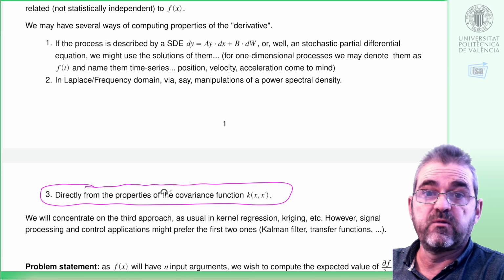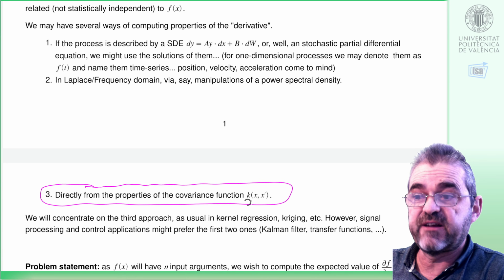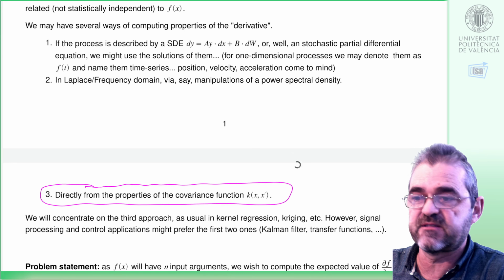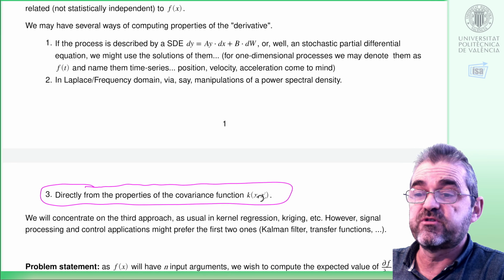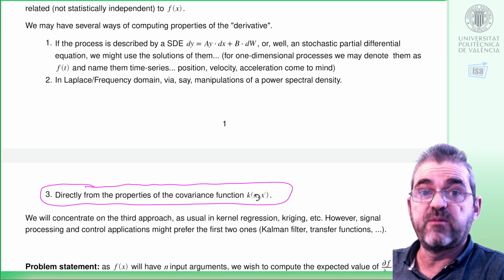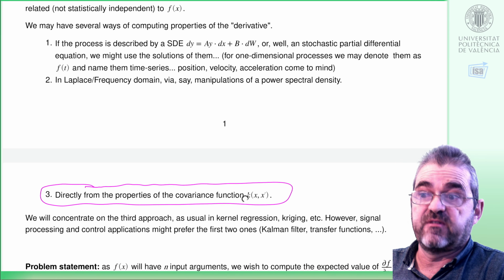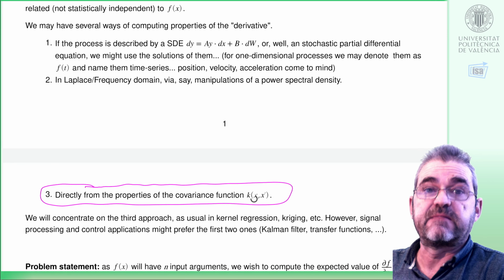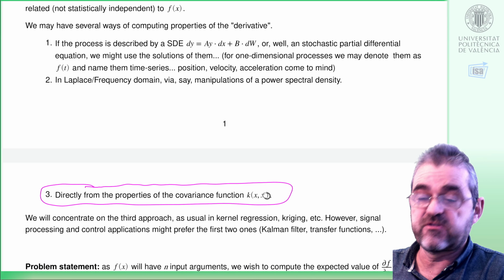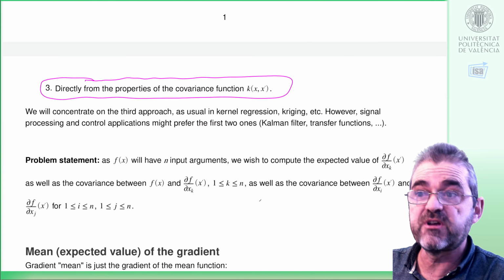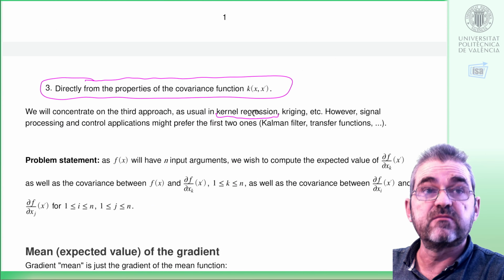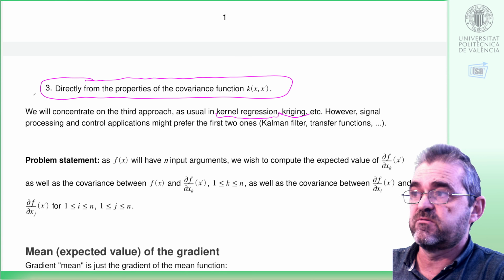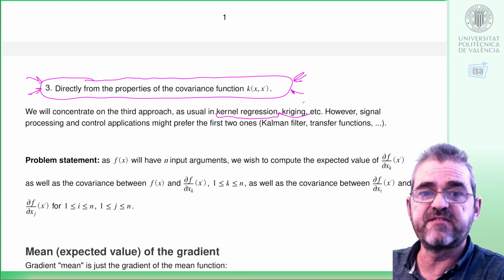And a third way will be using the properties of the covariance function in the original coordinates, not transformed, Laplace, etc. And in fact, this third option is the one we are going to develop here, because it's kind of directly related to the definition of stochastic processes, some variables related with the covariance function, and because the manipulation of the covariance is the usual way of doing things in kernel regression, Kriging, etc. So this will be the main goal of this video.